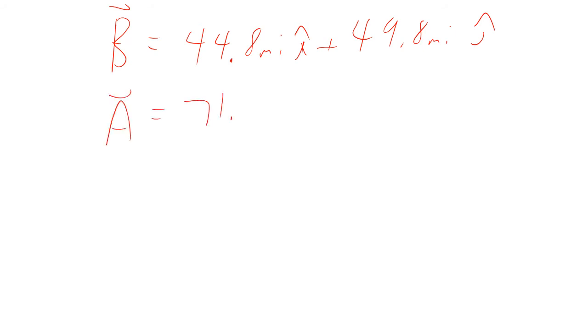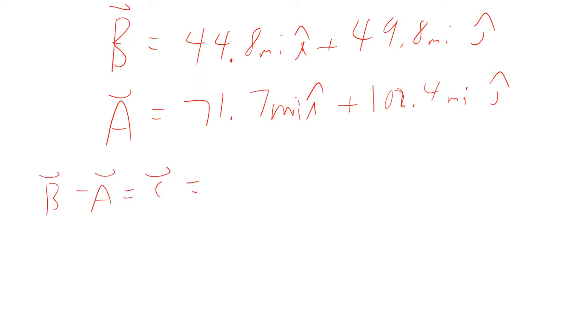Vector A was 71.7 miles i plus 102.4 miles j. So B minus A, that's your vector C, is going to be minus 26.9 miles i minus 52.6 miles j.